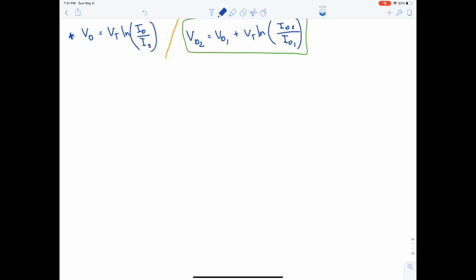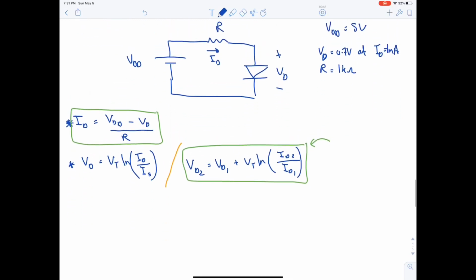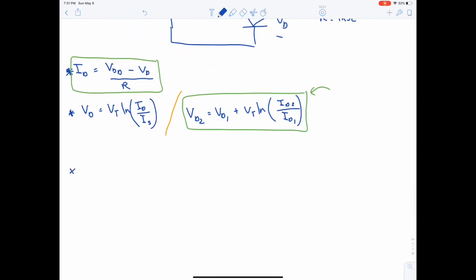For the same circuit here, let's say VDD is equal to 5, VD equal to 0.7 volt at ID equal to 1 milliampere, and resistance is 1 kilo ohm. We were asked to find VD using the exponential model.